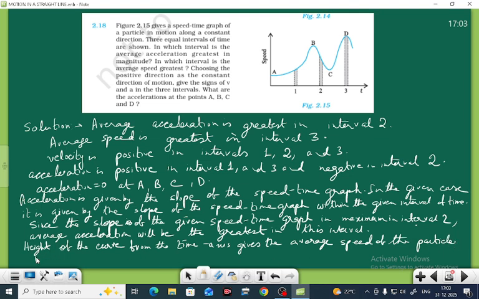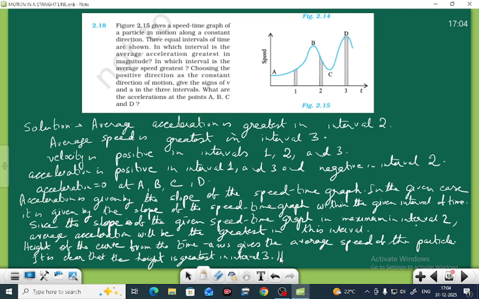It is clear that the height is greatest in interval 3. Here the average speed of the particle is greatest in interval 3.